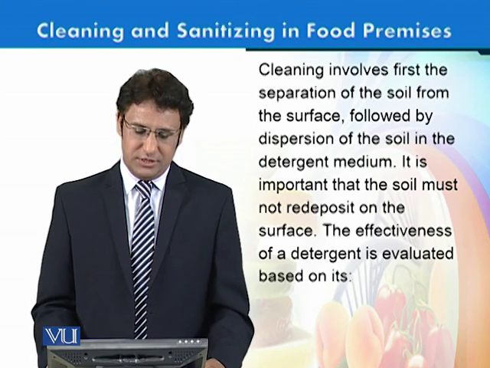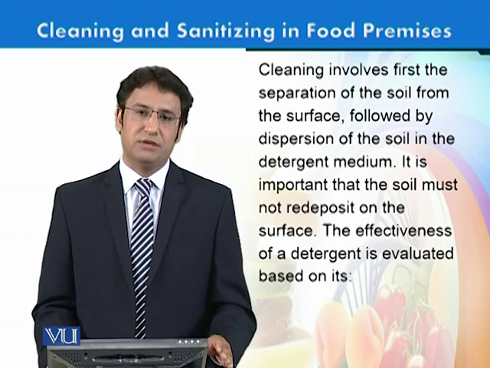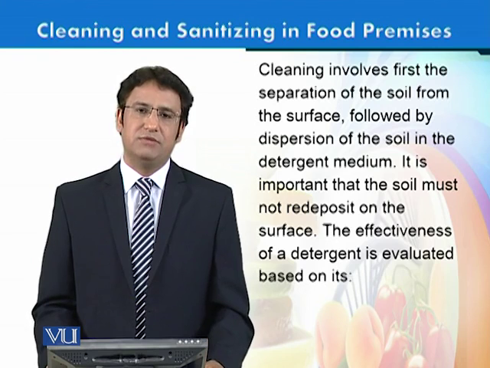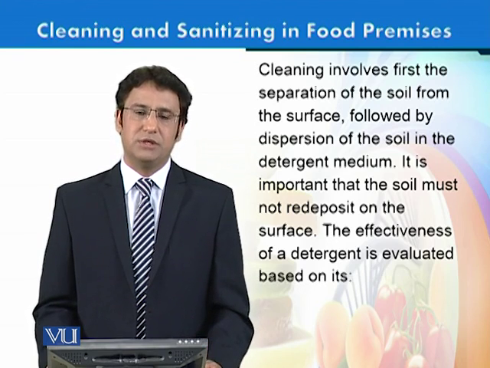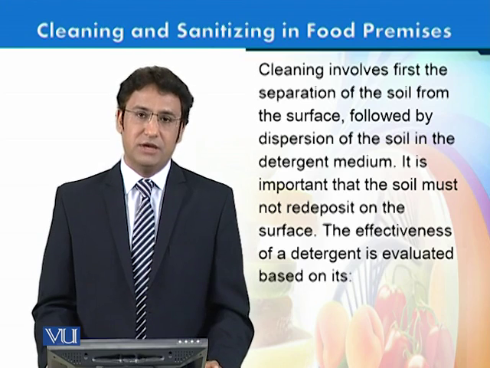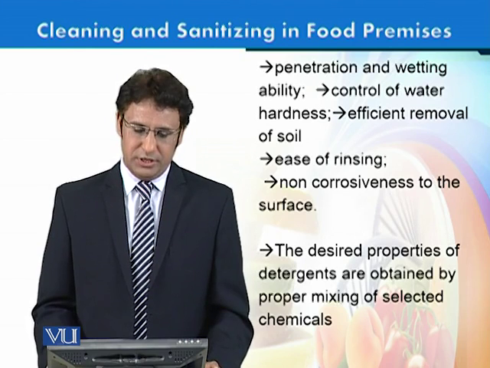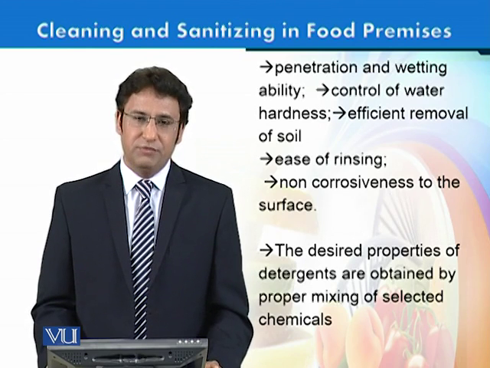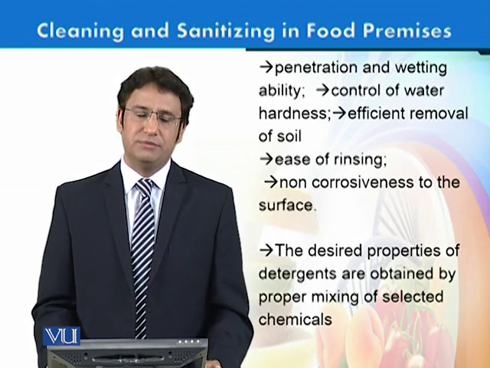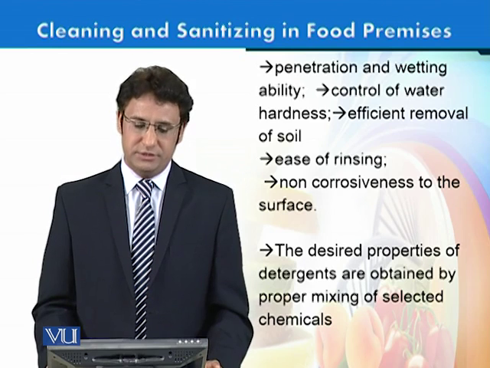That is how we can measure the effectiveness of detergents. If they reduce the chances of redeposition of these soil materials, then we have an effective cleaning system and cleaning medium. We need to look at the penetration and wetting ability of these cleaning agents.